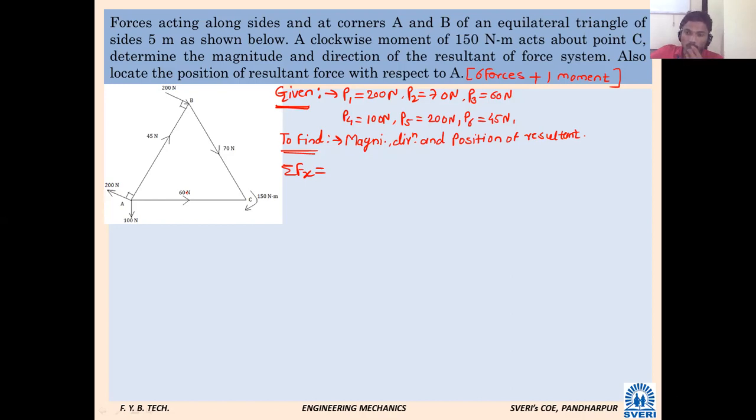What can we do? What have we seen? They cancel each other, or it will form a couple.